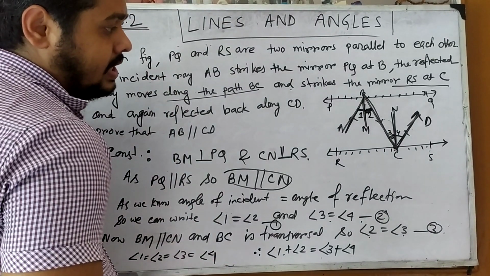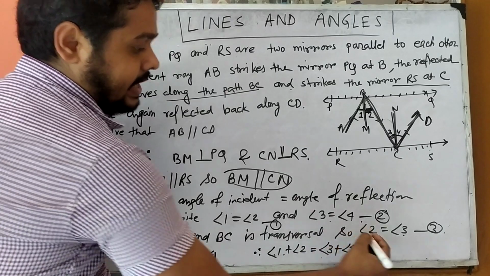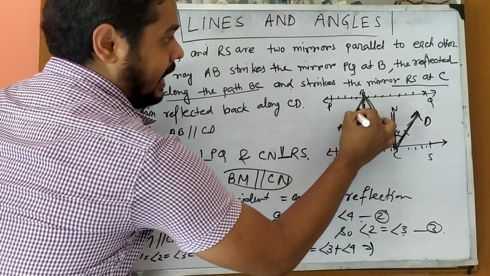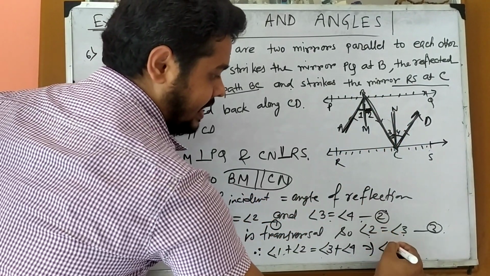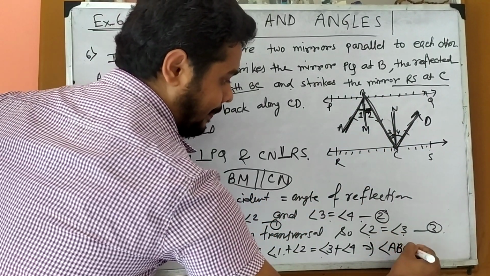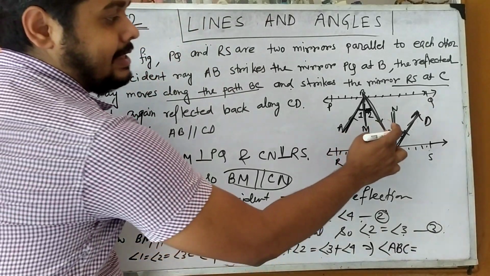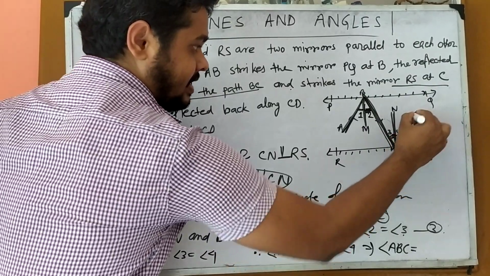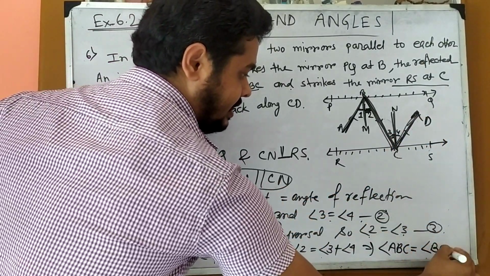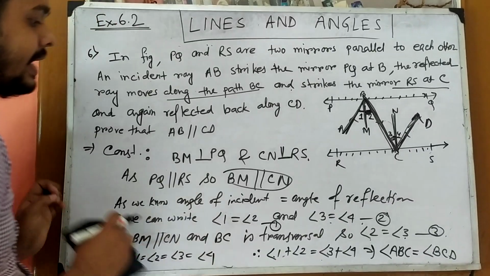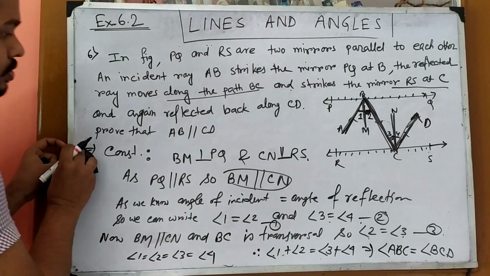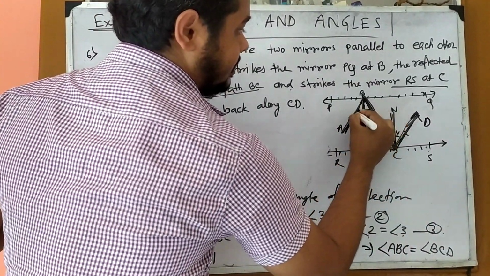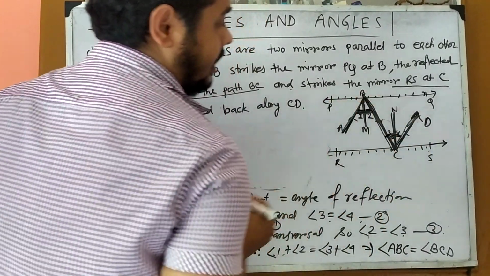Now you see, angle 1 plus angle 2 means angle ABC, and angle 3 plus angle 4 means angle BCD. So hence we can say these 2 angles are equal.